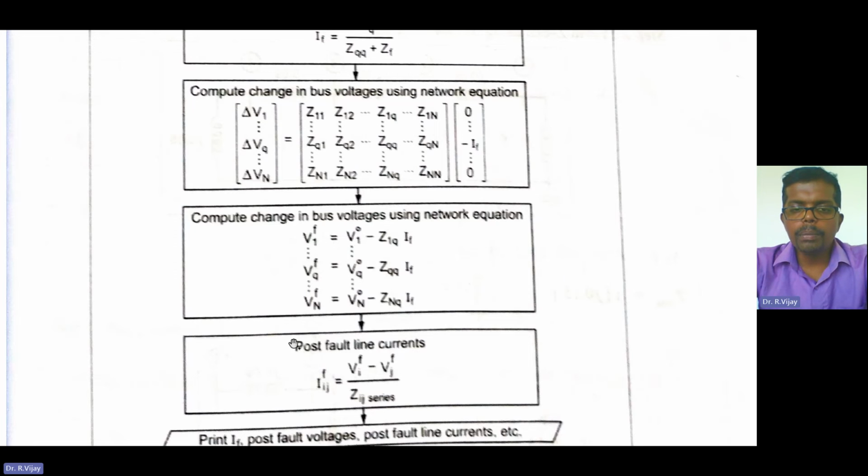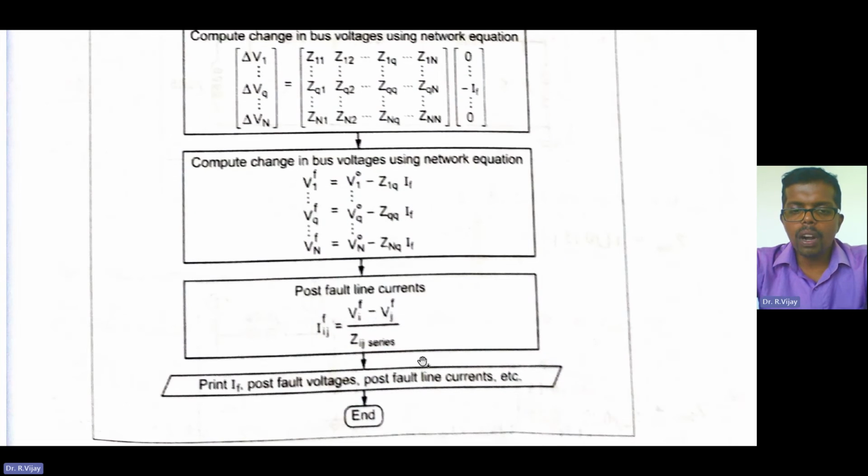Then you need to obtain the post-fault line current. What is the post-fault line current? IJF is equal to (VIF minus VJF) divided by Zij series. That is the post-fault current. Next, you need to print the fault current, post-fault voltages, post-fault line current, etc., and end the algorithm.